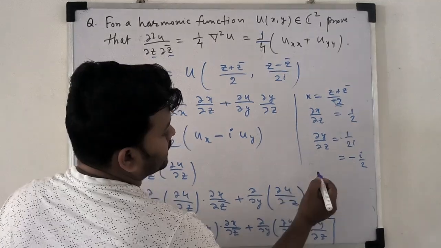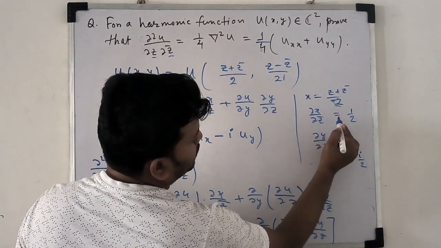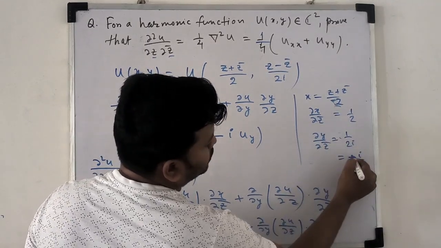As we differentiate with respect to z̄, this will be half and this will be plus.